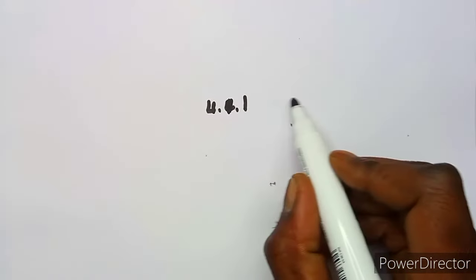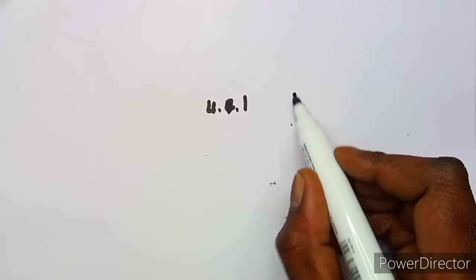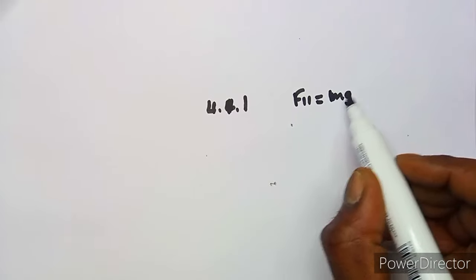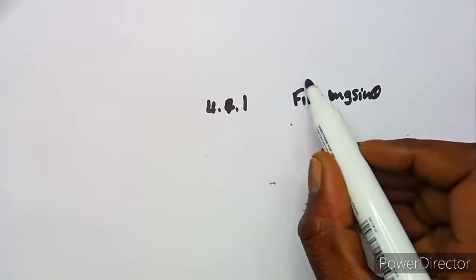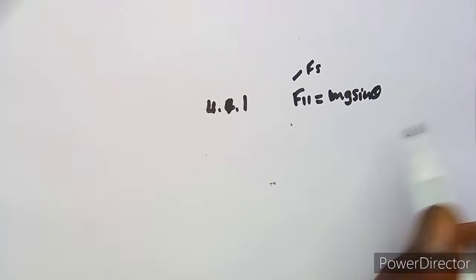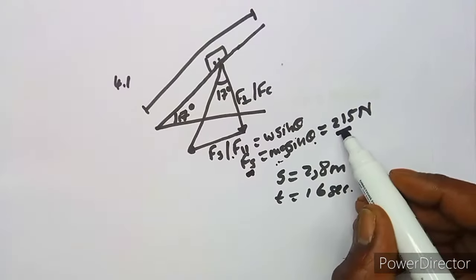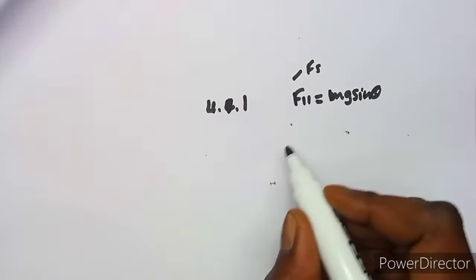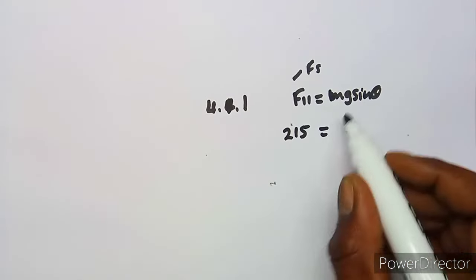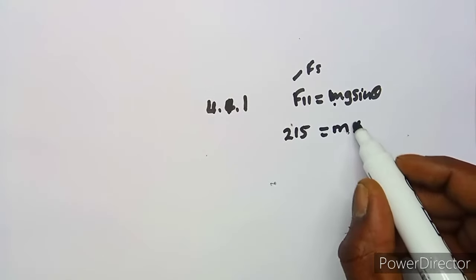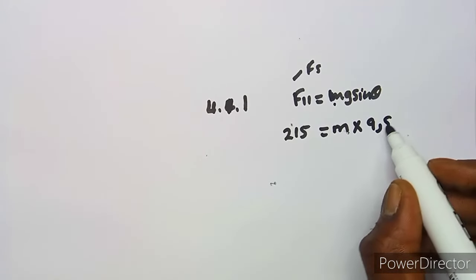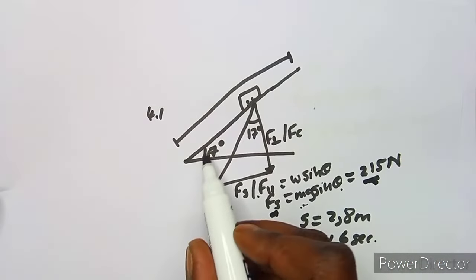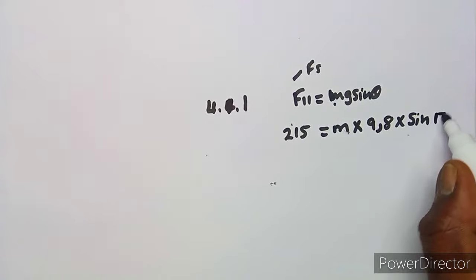Remember, we said our parallel component here is equivalent to mg sine theta. So 215 is equivalent to the mass that we do not have, times g, times sine theta, which is the angle in between these two, which is 17 degrees. So that's what you're going to have.